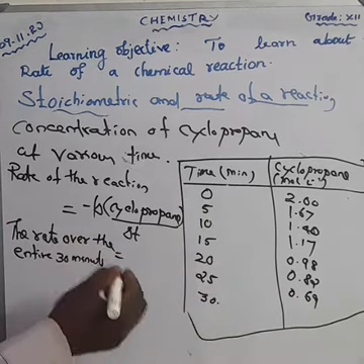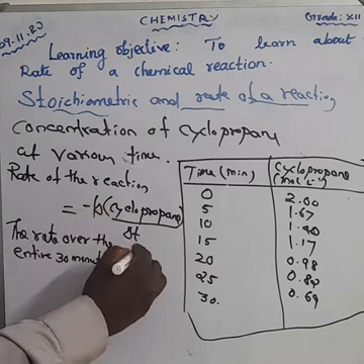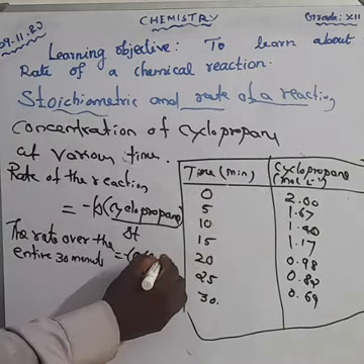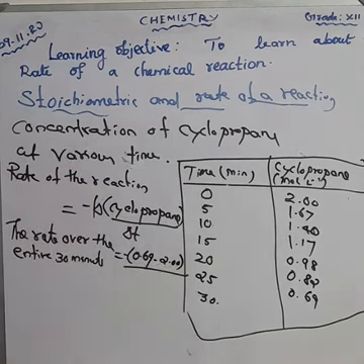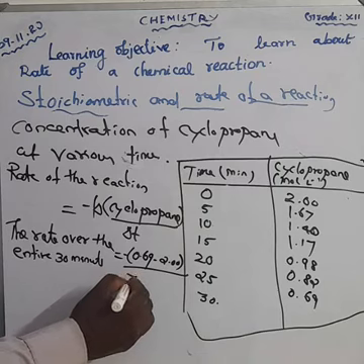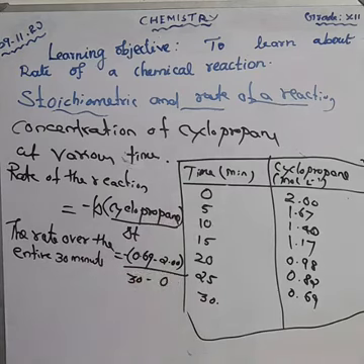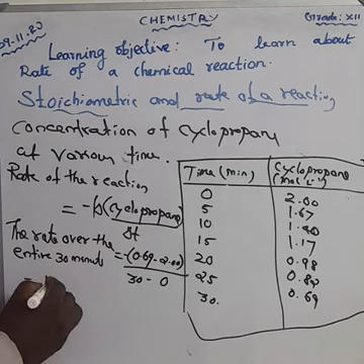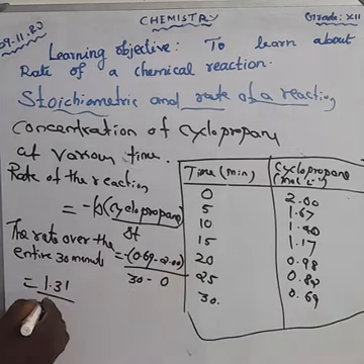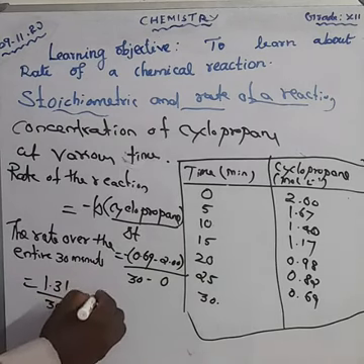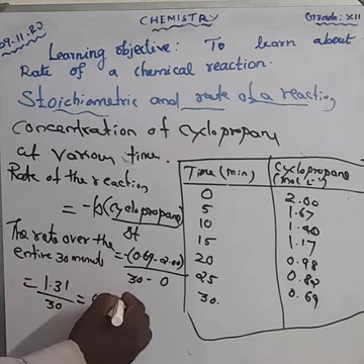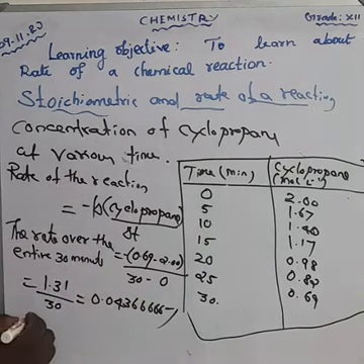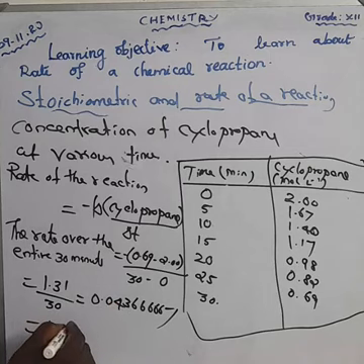It can be written as minus, 0.69 minus the initial value, which is 2, divided by the time interval, final value 30 minus 0. 2 minus 0.69 is 1.31, divided by 30 minus 0, which is 30. Approximately 0.0436, which we can write as 4.36 into 10 raised to minus 2.